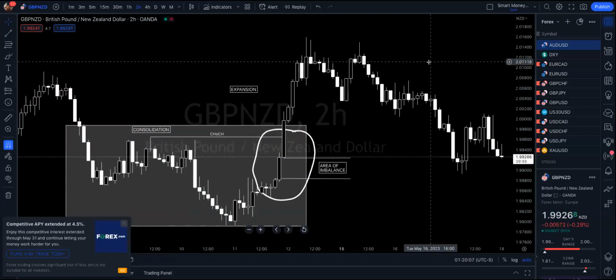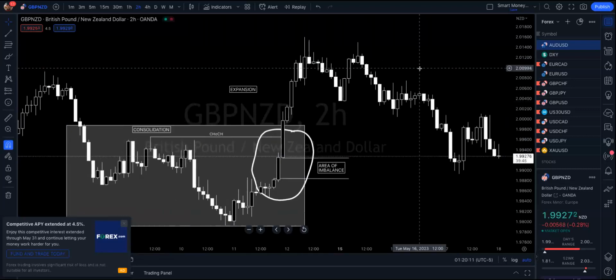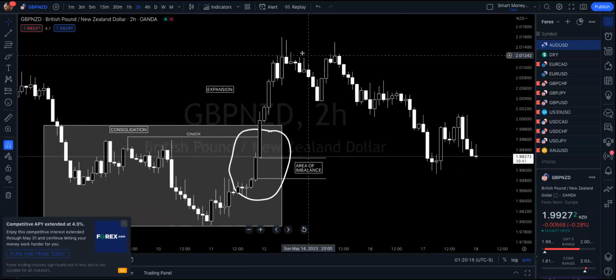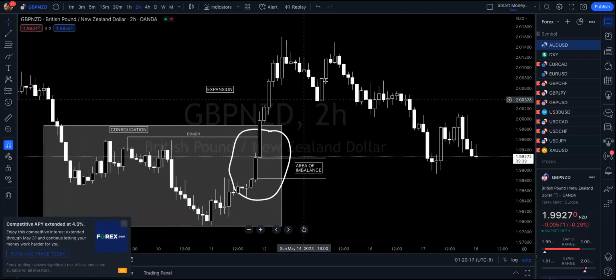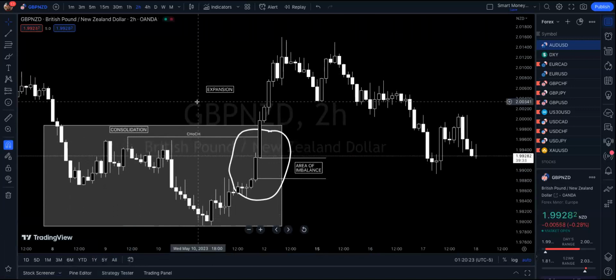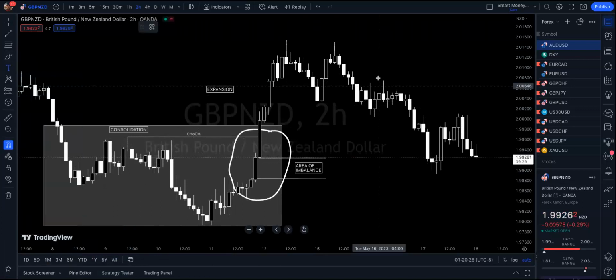Okay, so now the next step is once we get it and price comes up, as you can see, it starts coming back down. This is the retracement back down to where the consolidation zone is, right? So we're going to mark that and I'm going to explain to you guys retracement.